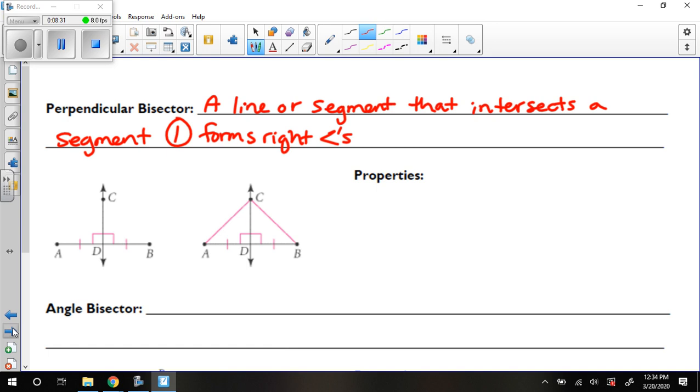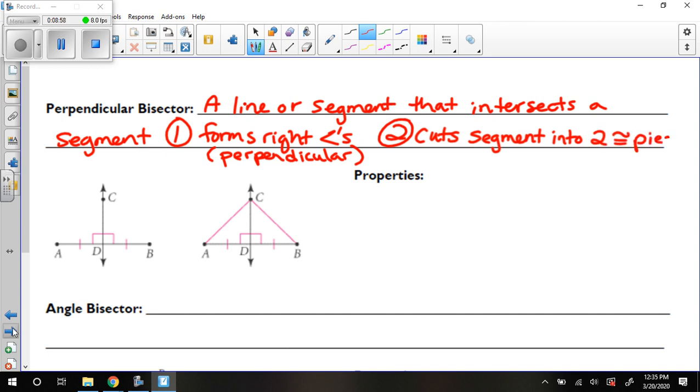Okay, it forms right angles because it says it's perpendicular. Okay, the second thing that it does is it cuts a segment into two congruent pieces. Okay, and the reason we know that is because in the name, it's a perpendicular bisector. So if you're bisecting something, you're cutting it exactly in half.